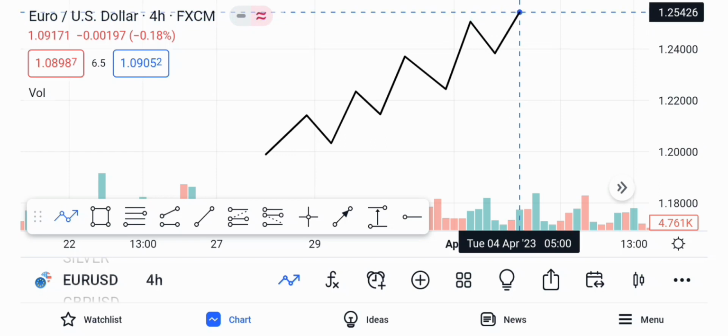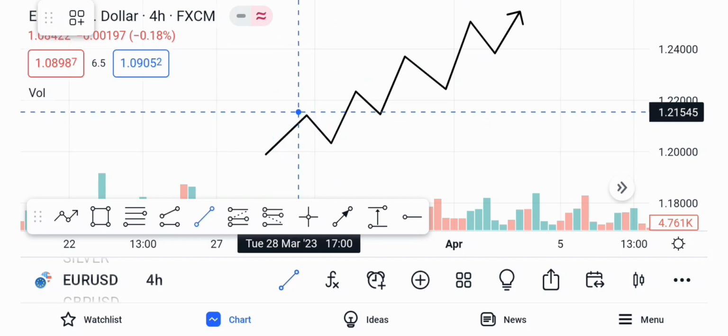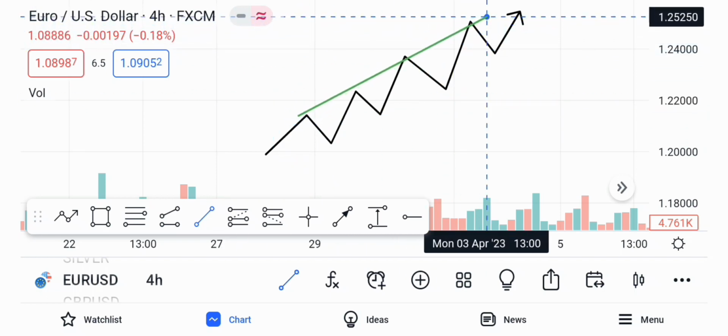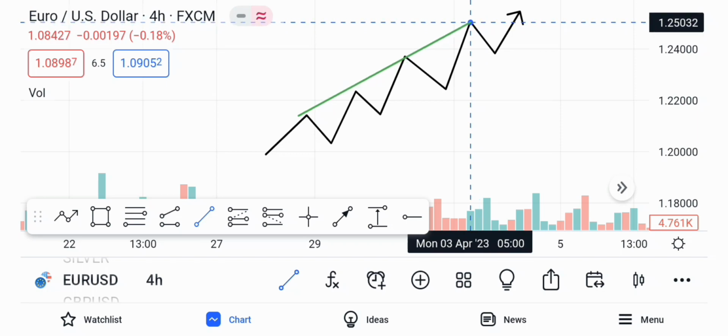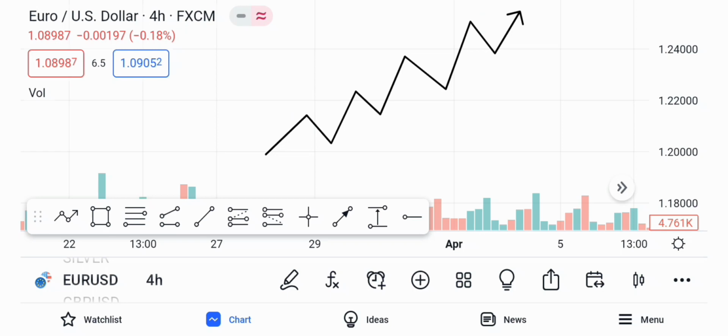If I try to use my higher highs and higher lows, it might still work. But there's another way in which you can trade this trend.